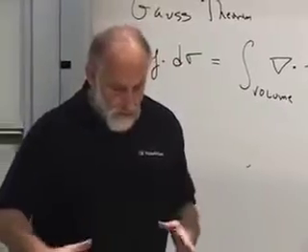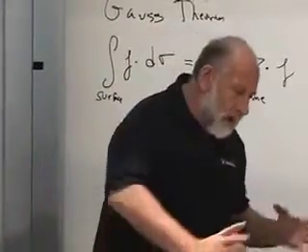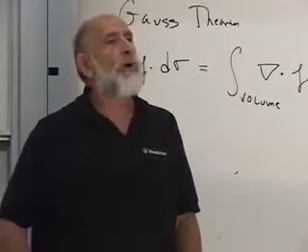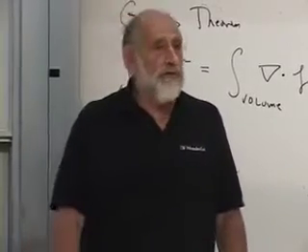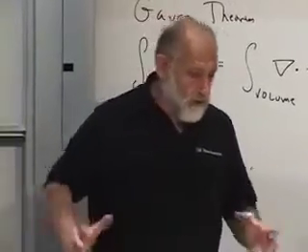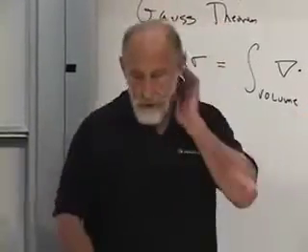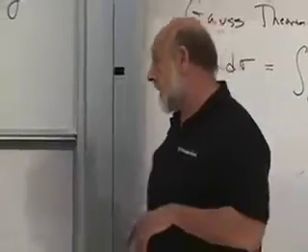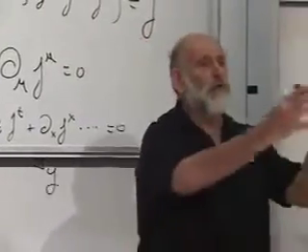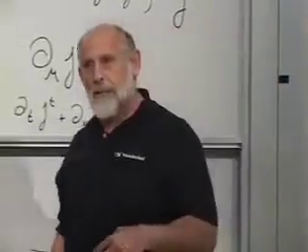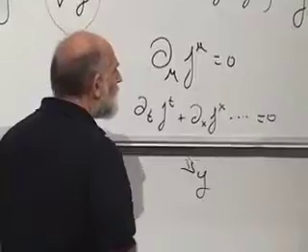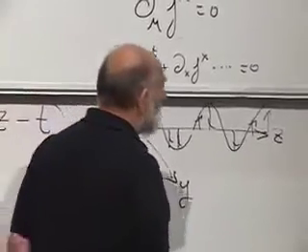The current kind of represents the velocity of the motion of the charges. As we've seen over and over again, the velocity vector of an object, the relativistic velocity vector, is a four vector. And so it's not so surprising that the flow of a fluid should also be described by a four vector, and the four vector is the four vector of current and density.